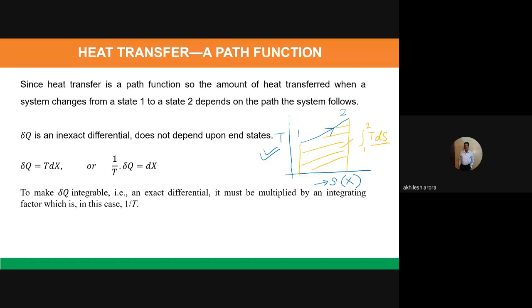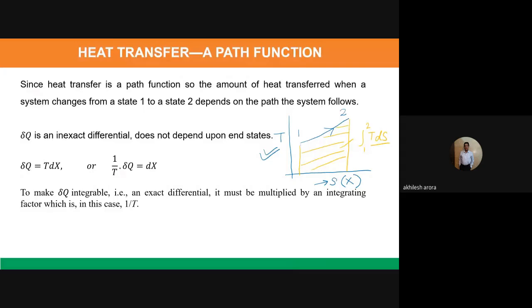Now I would like to know whether this heat transfer taking place during the process 1 to 2 is heat supplied to the system or heat rejected by the system. Means I want to know its direction actually. Can anybody tell me? So it is supplied. Why? So the temperature of the system is rising.